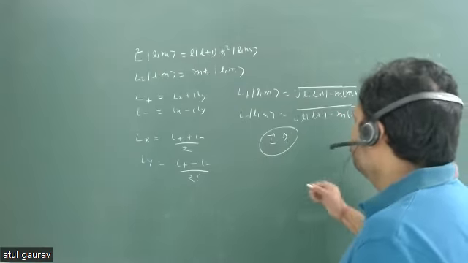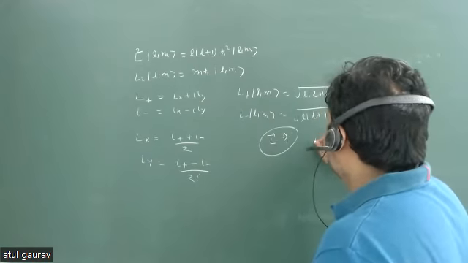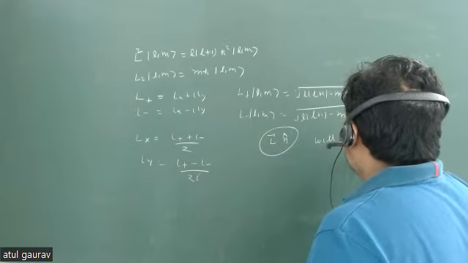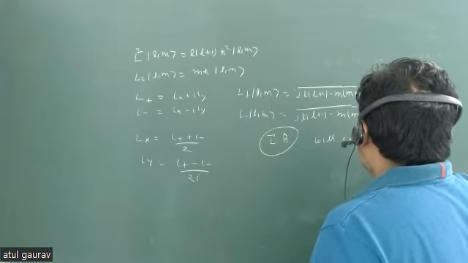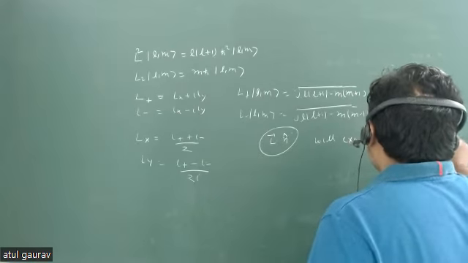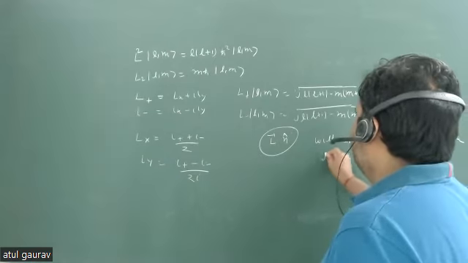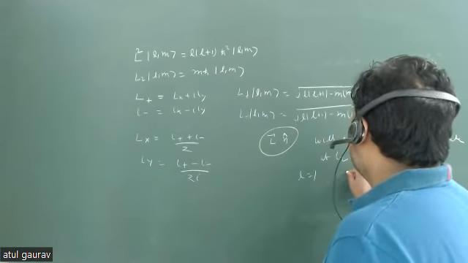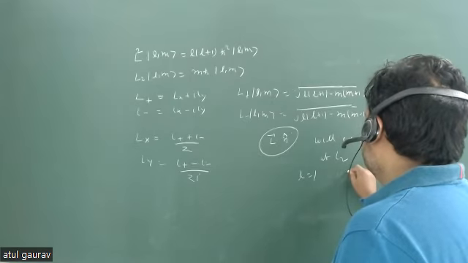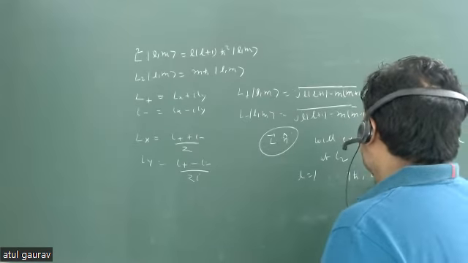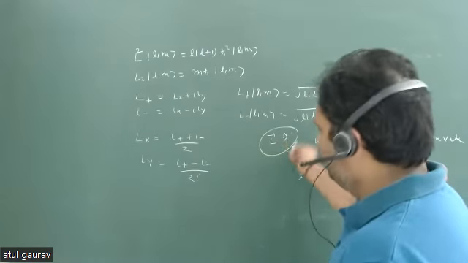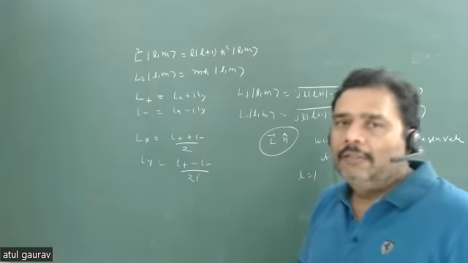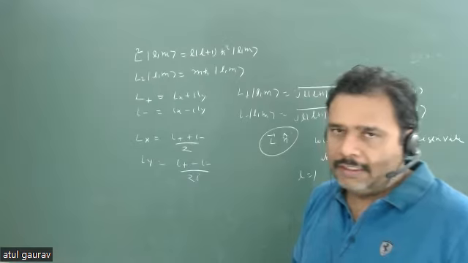This eigenvalue will be exactly the same eigenvalue as Lz for l = 1. So what will be the eigenvalues of Lz? 1ħ, 0 and -ħ. So those will also be the eigenvalues for L·n̂: 1ħ, 0ħ and -1ħ.